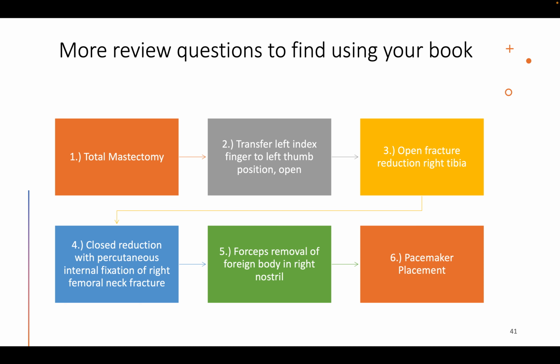Number 5, forceps removal of foreign body in right nostril. Number 6, pacemaker placement. The more you look through your book and search and find these different procedures, the better you'll get at feeling comfortable at finding your procedure codes. You'll be able to manipulate through the book rather quickly.